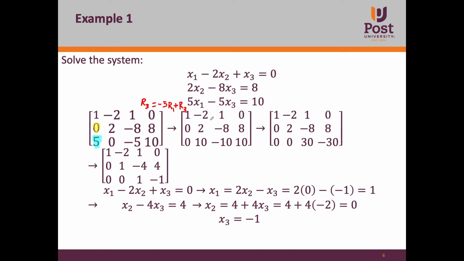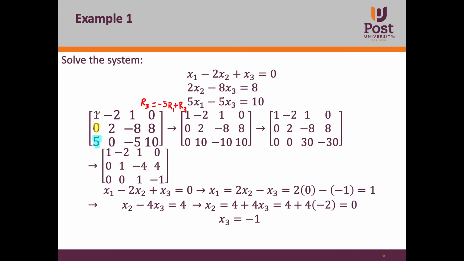So the first two rows in here are going to look exactly the same because we didn't touch them. We have 1, negative 2, 1, 0, 0, 2, negative 8, 8. Now this bottom row becomes 0, 10, negative 10, 10, after we multiplied all these by negative 5 and added them down.